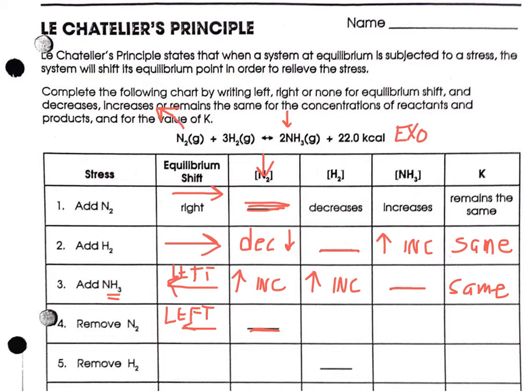And therefore, at the same time, some more hydrogen will be increased. Okay. If we pull this out, the reaction shifts to the left. So we're going to increase the amount of hydrogen, but now we're going to decrease the amount of ammonia. It's going to be turned into reactant. And again, the equilibrium constant stays the same.